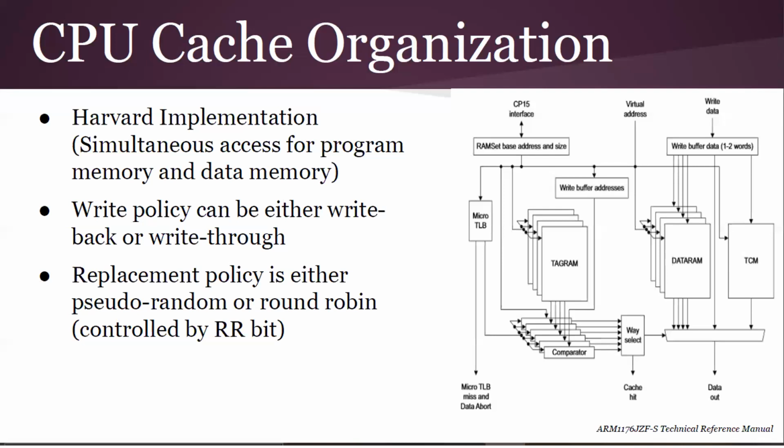Okay, so this type of implementation has been used in the cache memory of the ARM Core 11. Now, here one more thing you can observe is the presence of what is called the micro TLB. The meaning of TLB is translation lookaside buffer.